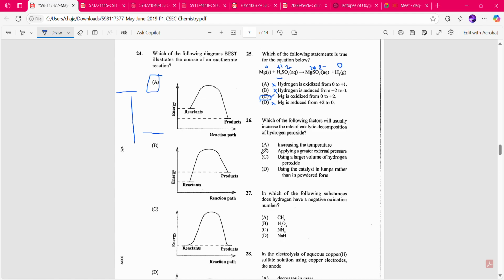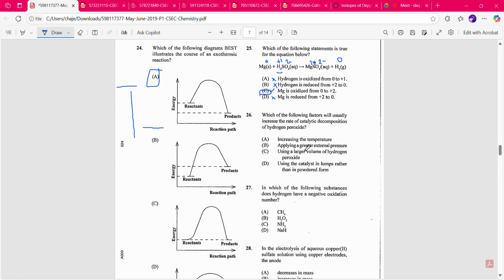26. Which of the following factors will usually increase the rate of a catalytic decomposition of hydrogen peroxide? Applying greater external pressure using a large volume of hydrogen peroxide. No. Using catalyst in lumps rather than in powdered form. No. Increasing the temperature. I think this is the only valid one.